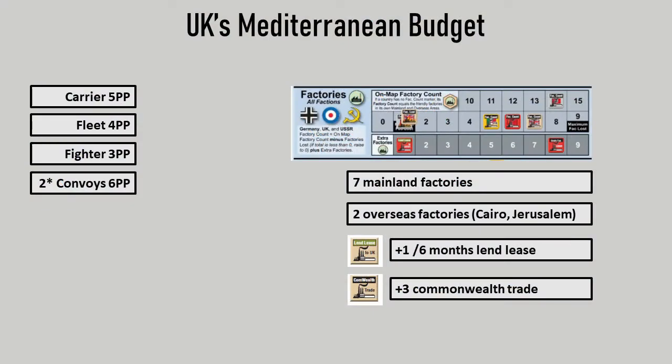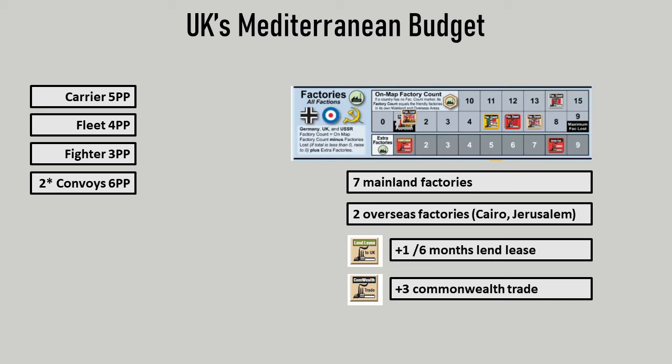Let's look at the budget for that. We have 18 production points needed to run the basic Mediterranean budget. The UK has 7 mainland factories in the UK itself. That's 14 production points. It has 2 overseas factories in Cairo and Jerusalem. This, by the way, is why a loss in Africa and the Middle East is so devastating to the British.